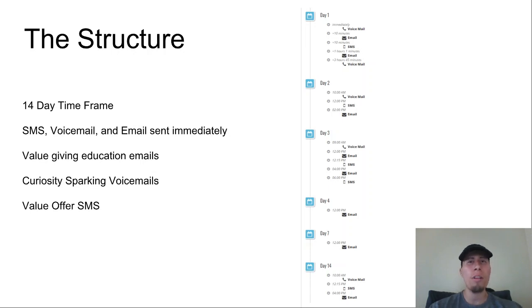For voicemails, it's very important to have a voicemail that sparks curiosity, meaning that you're going to have a script and you're going to have the client go through it. You're going to basically coach them on how to go through the voicemail, and in the script itself, you want to have something that sparks curiosity. So for example, if you're in the car dealership niche or in the real estate niche, say something like, hey, just saw that you just opted into our XXX offer, but I had a few questions.